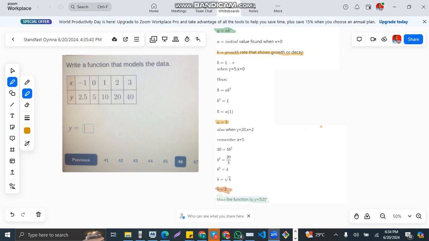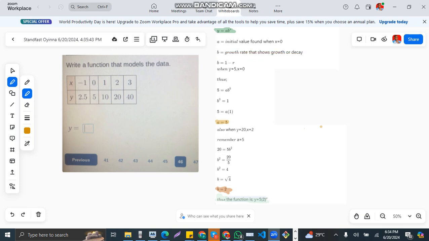growth or decay. Now what this means is, if you are given the growth rate when you're solving an exponential function, if the growth rate is more than 1, that indicates growth. If the growth rate is less than 1, it indicates decay. So the growth rate is a very important indicator to know if an exponential function is telling you that there is growth or is telling you that there is decay.